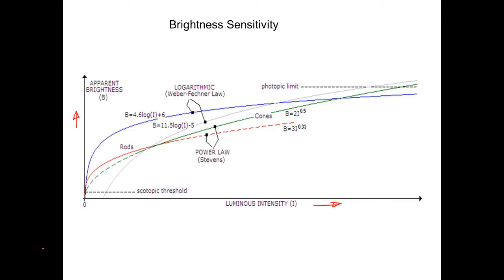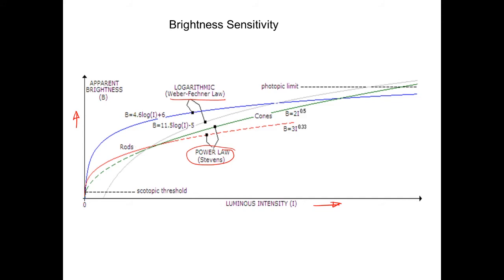Then this blue curve shows the Weber-Fechner law. In the literature, Weber-Fechner's law is mentioned together as one name because Fechner was a student of Weber. Fechner used Weber's equation to derive his law, so it is usually named the Weber-Fechner law. Stevens' law is usually mentioned as the power law.